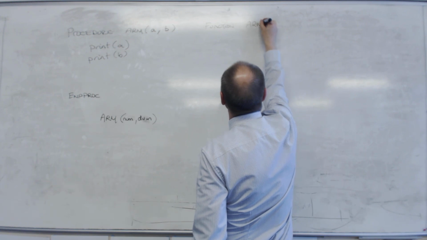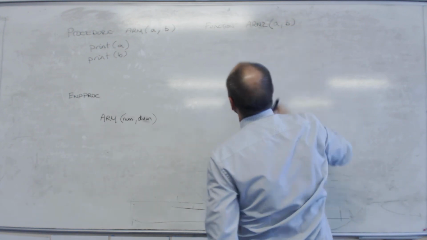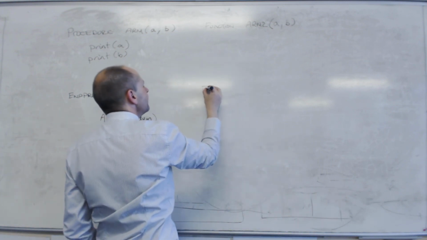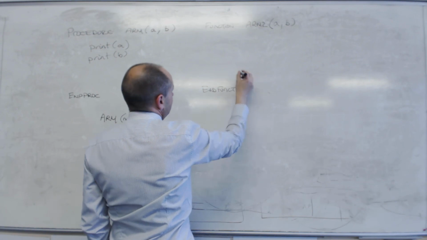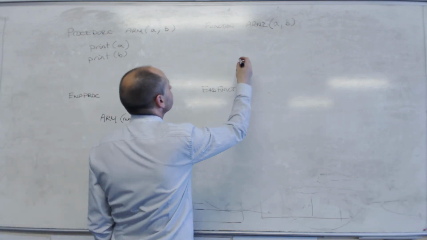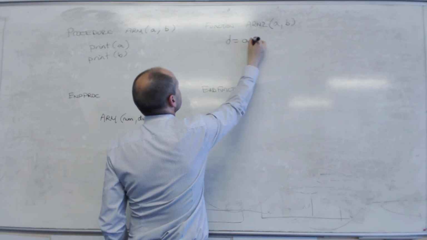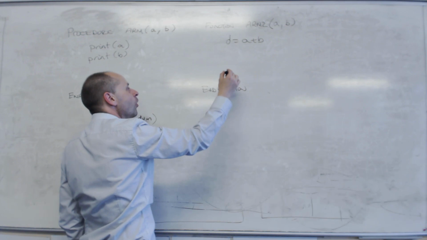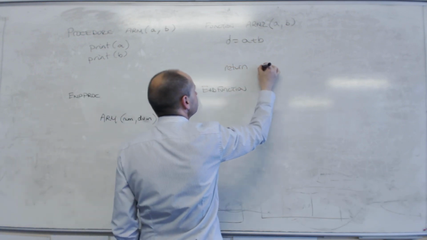I'm going to give it a really cool name, arm2, just because I want it to just look the same. The only difference is a function does a series of tasks, whatever those tasks are, but a function always returns a value using the keyword return.